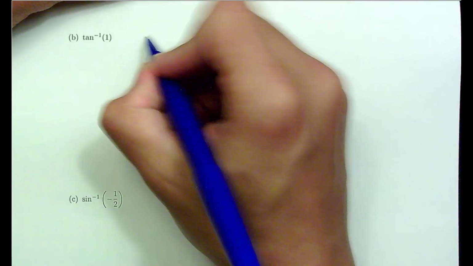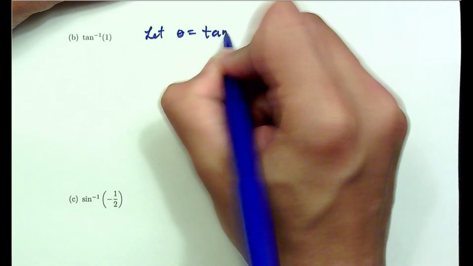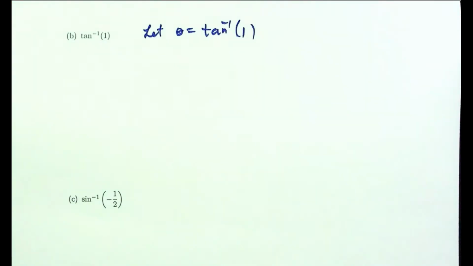Okay, part B. Let's figure out what is tangent inverse of 1. Tangent inverse of 1 is our unknown, so let's give it a name. Let's say theta is tangent inverse of 1. Now we're going to rewrite that equation without the inverse function.